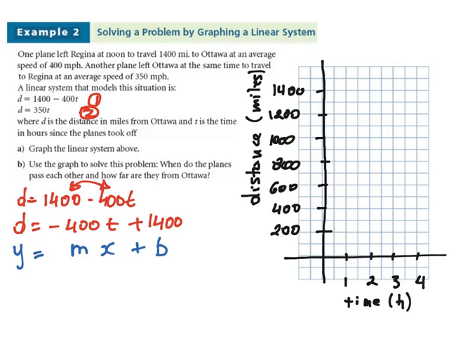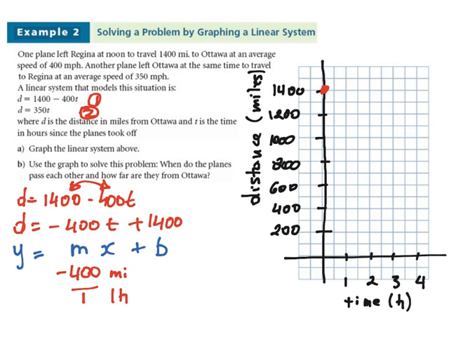So we'll start at 1,400. 1,400 is right here on the vertical axis. And now take a look at the slope. It is negative 400 over 1. This means 400 miles will be traveled in 1 hour. And since it's negative, we're going to be traveling downwards when it comes to the slope, or backwards.